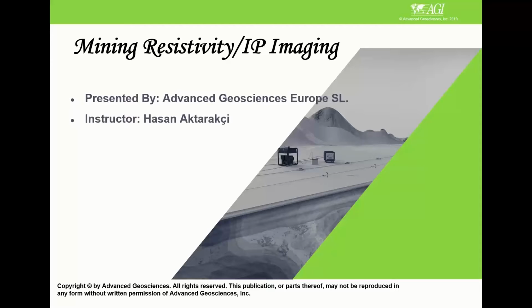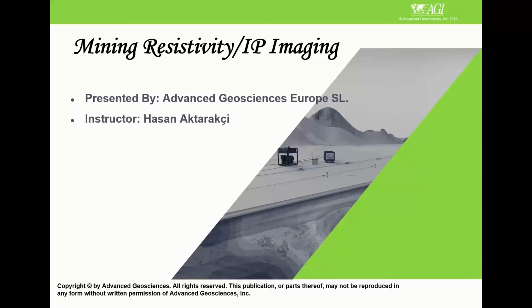Today we will look at something a little different compared to a year ago, when I showed different aspects of field survey preparation for getting good IP signals in the field. That was the most crucial part in resistivity and IP imaging.